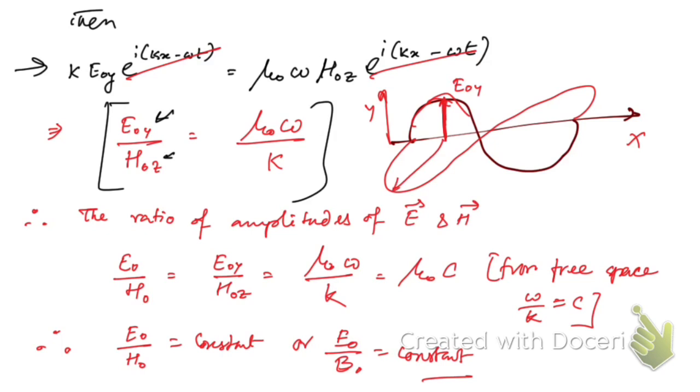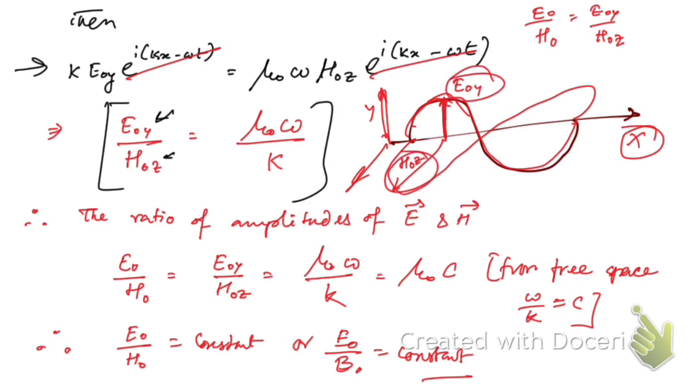And this is along the z axis, so you can write H naught z, right? So obviously E naught by H naught is definitely equal to E naught y by H naught z, because these two are oscillating in the y and z directions. The wave is propagating along the x direction, but the electric field and magnetic field are oscillating in the y and z directions. So that's why these two must be equal, right? So hope you have understood this.